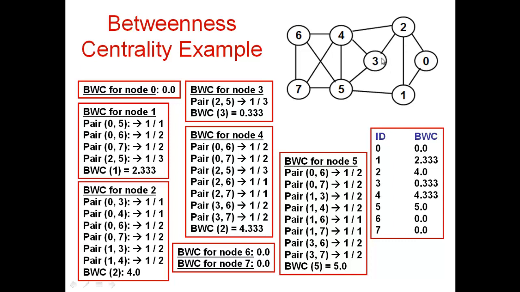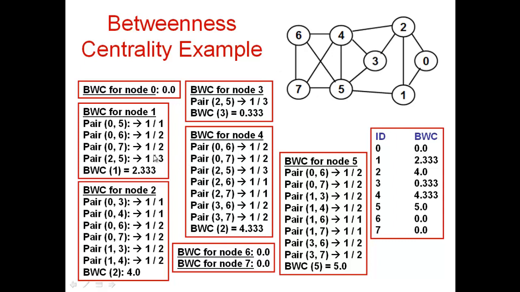So there are two shortest paths between 3 and 6, and none of them go through node 1. So the fraction for node 1 with respect to the pair 3, 6 is going to be 0 over 2. There are two shortest paths between 3 and 6, so 2 is in the denominator, and the numerator is 0 because none of those two shortest paths go through node 1. So it's 0 over 2, which is 0.